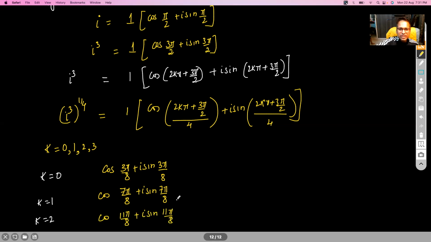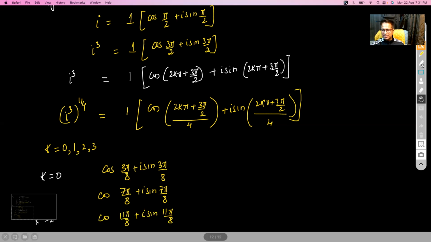Is it fine? Any questions so far? If I put k value as 3, what do I get? I'll get cos 15 pi by 8 plus I sine 15 pi by 8.